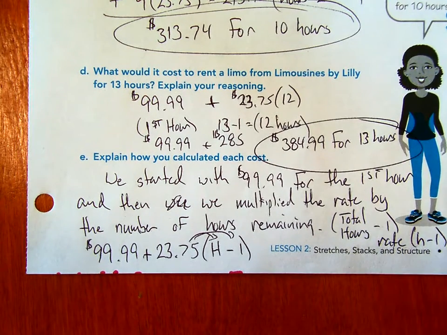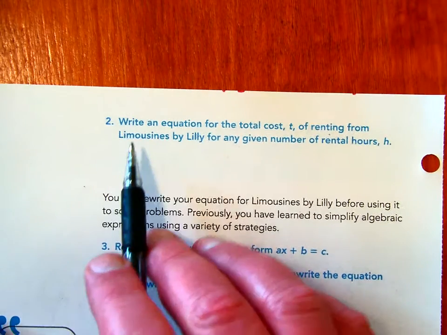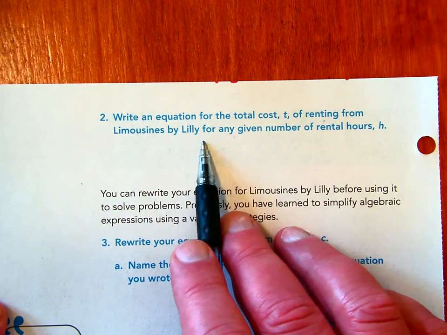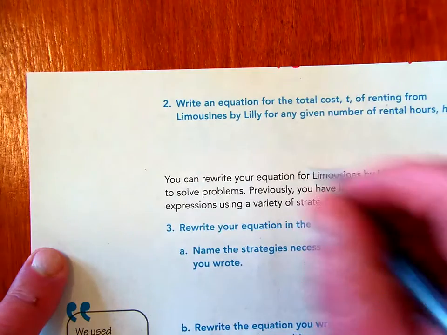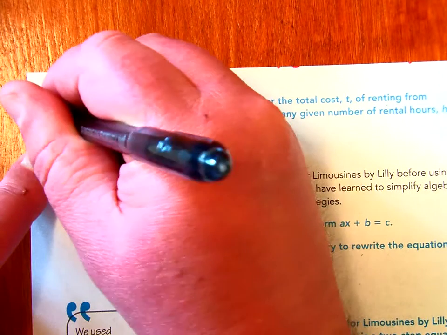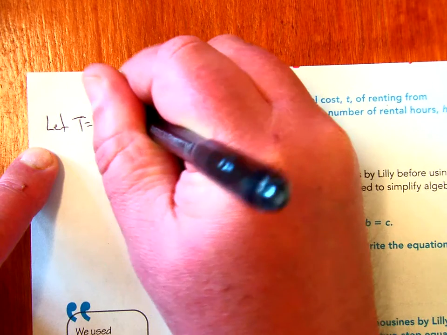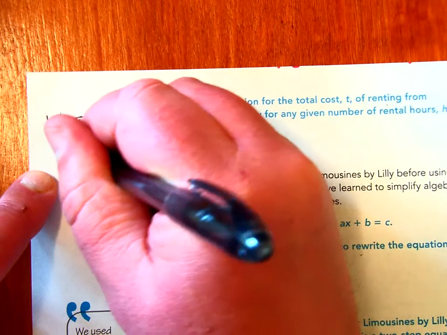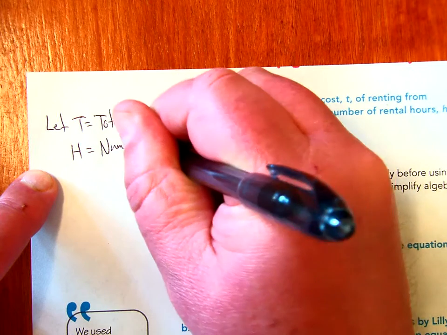Let's take a look at page 142. Write an equation for the total cost, T, of renting a limousine by Lily for any number of hours. Well, let T equal total cost, and H equal the number of hours rented.